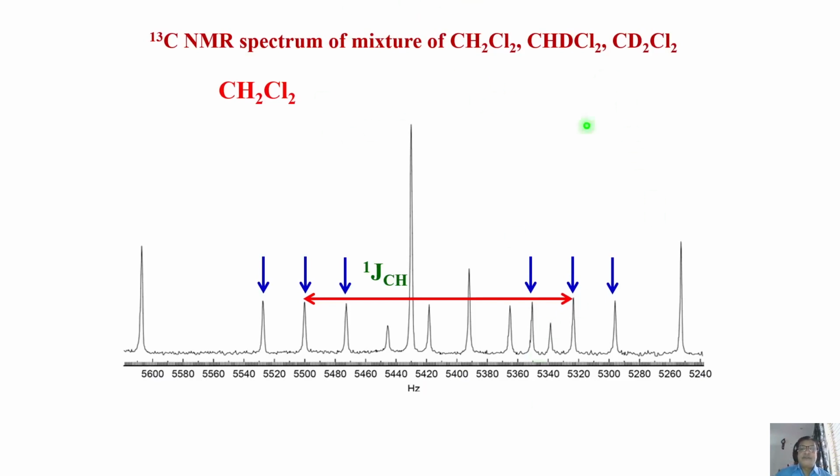This will be a doublet because of CH, and one deuterium makes each line of the doublet into 3 lines of equal intensity. If you take the center of this, it is moved by this much. So this is the isotopic shift with the substitution of one deuterium.